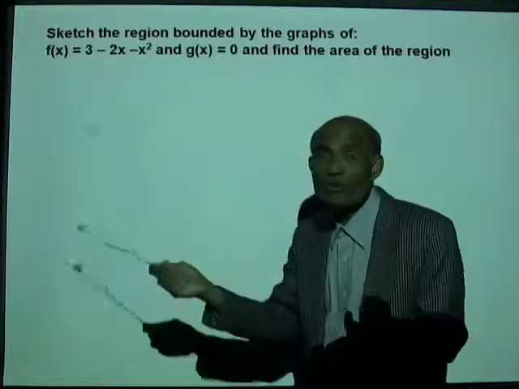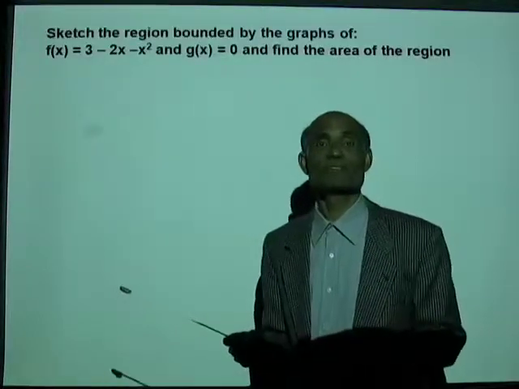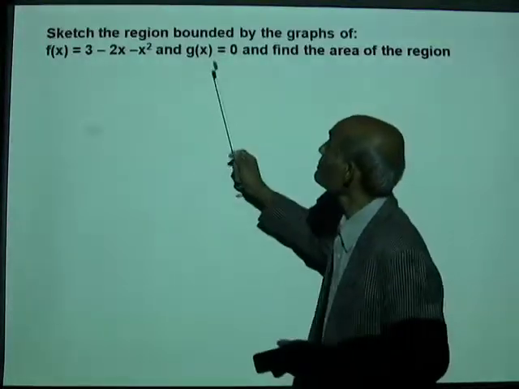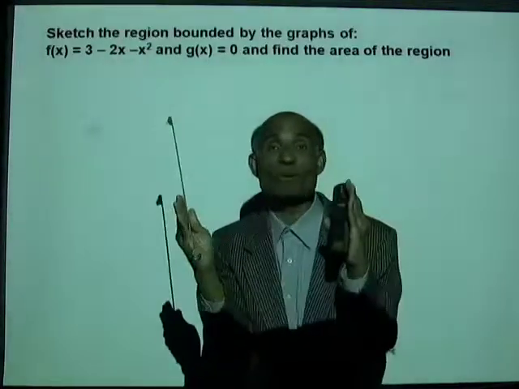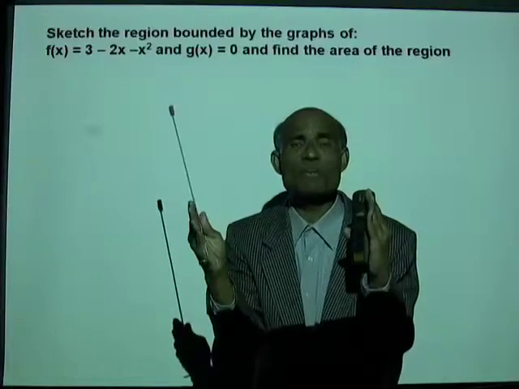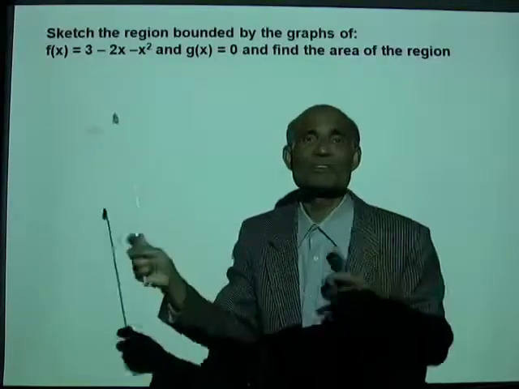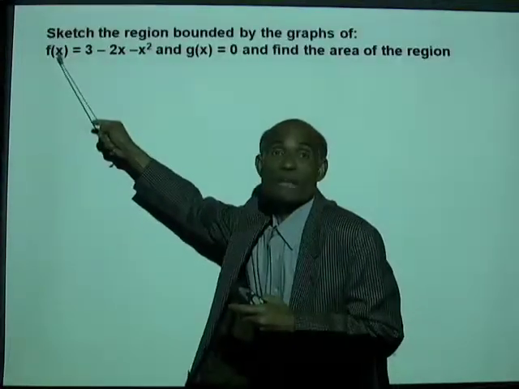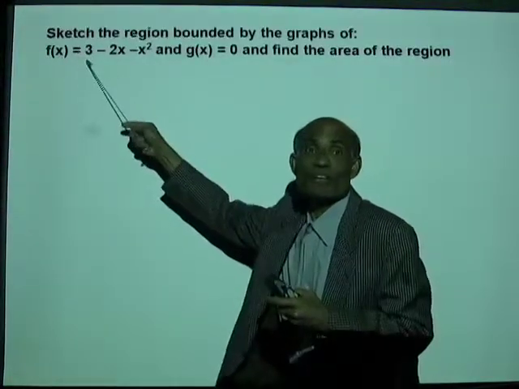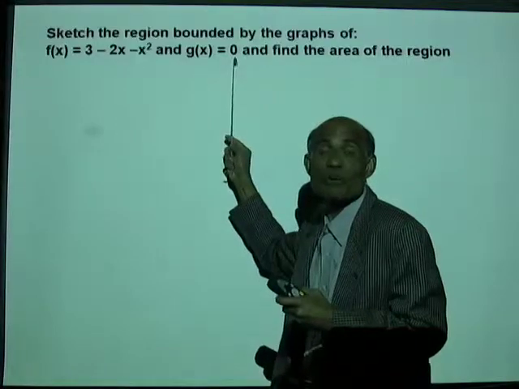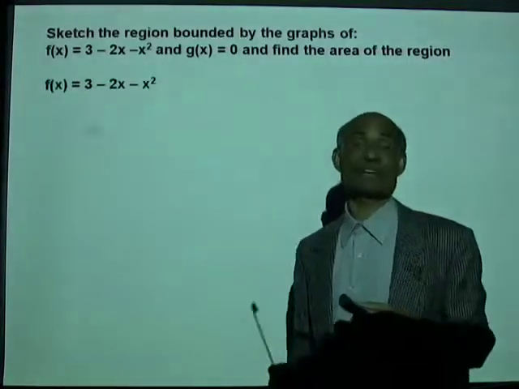G of x equal to 0 means the x-axis. Now, in order to find this area, we need to know the boundaries, x equal to a to x equal to b. How do you find the boundaries? The boundaries are obtained by setting f of x equal to g of x, or set f of x equal to 0 and solve for x.